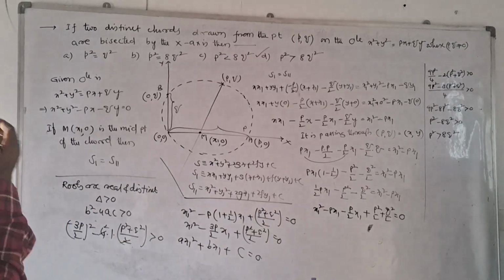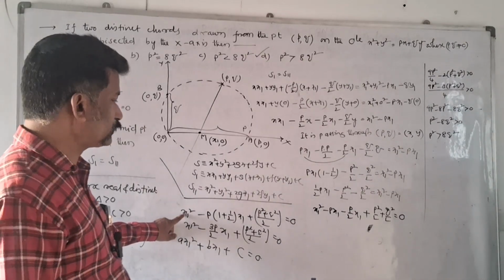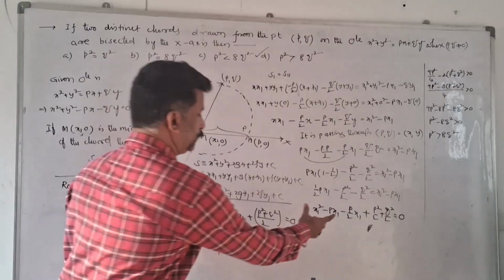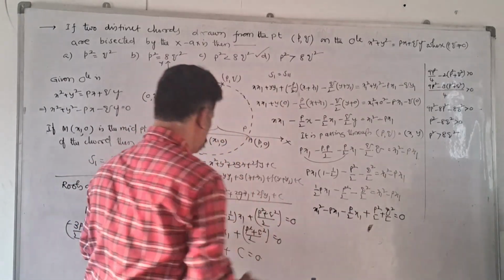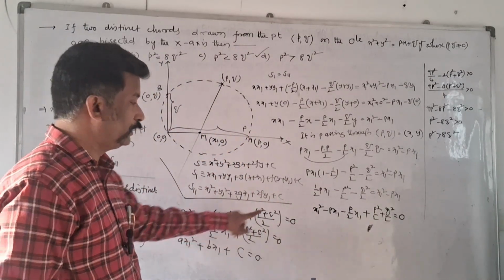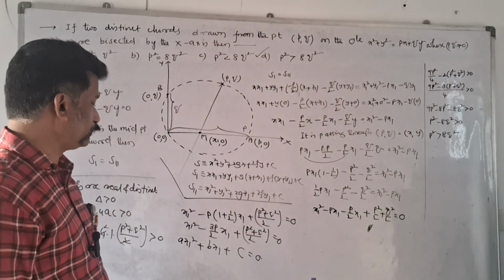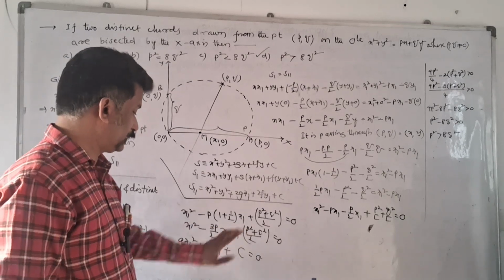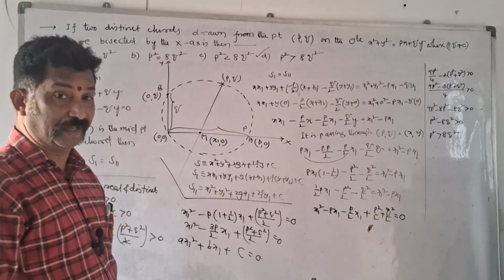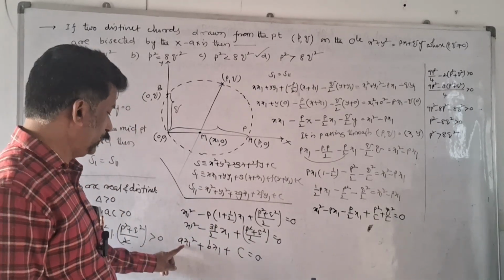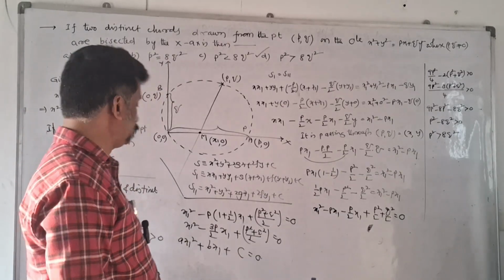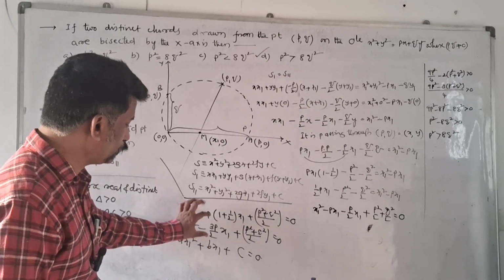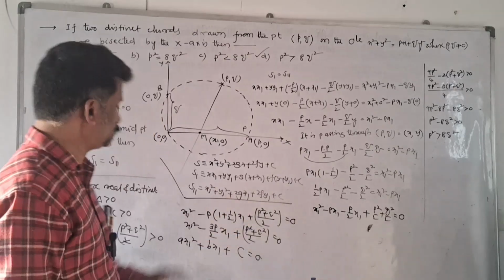So x1 square minus 3p by 2 into x1 plus p square plus q square by 2. It is a quadratic equation in x1: ax1 square plus bx1 plus c, where a is equal to 1, b is equal to minus 3p by 2, and c is the constant term.